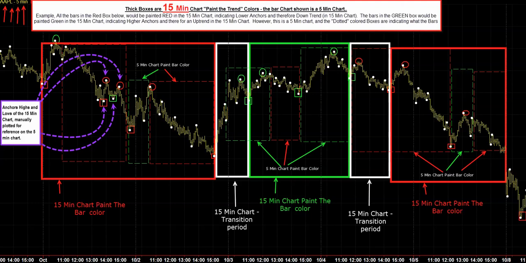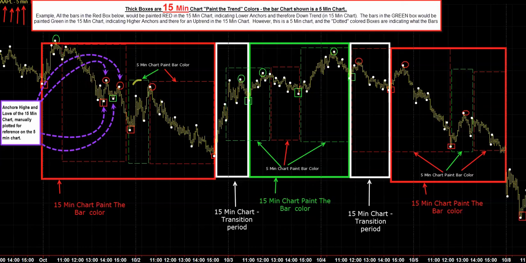How do we draw that? Well, very simple. If the red in the bigger time frame and the red in the smaller time frame are congruous, they're together, there's no conflict, we keep them and we paint them red.